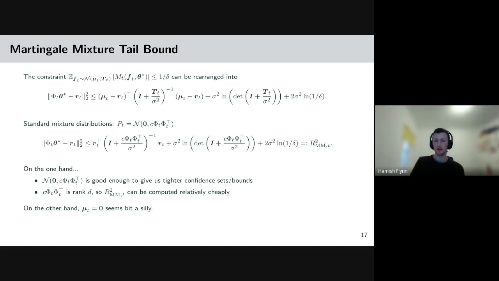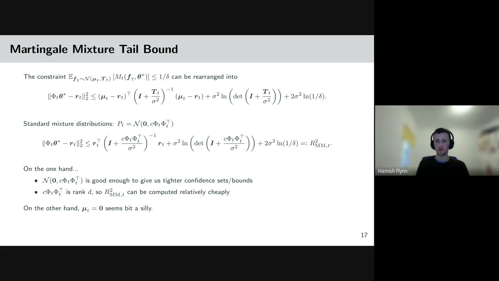Yes, so I can give you my best guess, but I don't know if this is necessarily accurate. With this choice of the covariance matrix, I believe what's happening is the vector of the rewards, the little rt, I suspect that this is pointing in a direction where the capital phi times phi transpose matrix has a large eigenvalue.